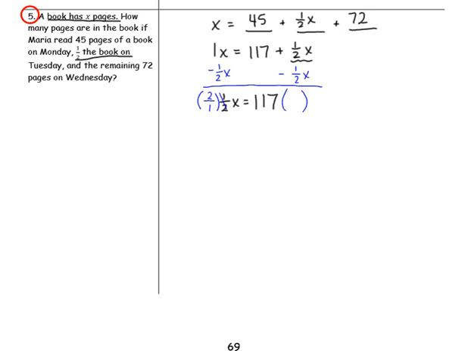A number times its reciprocal equals 1, and 1 times x is x. Multiplying the other side of the equation by the reciprocal gives us 2 times 117, which is 234. There are 234 pages in the book.